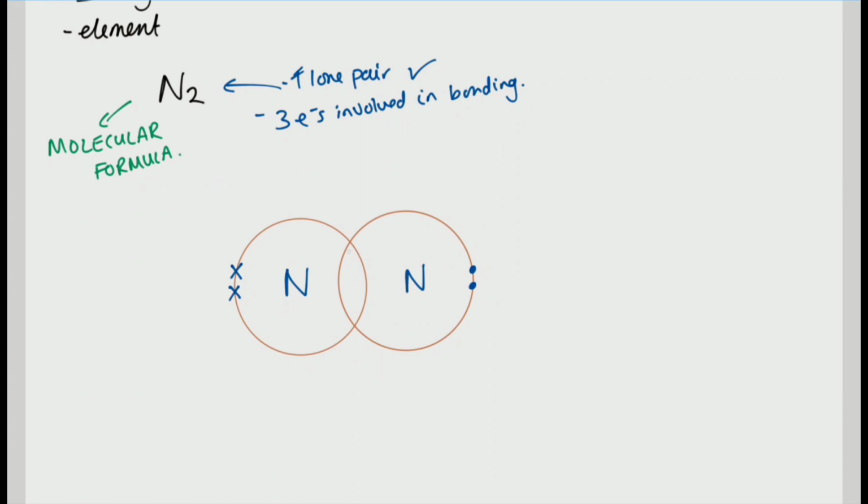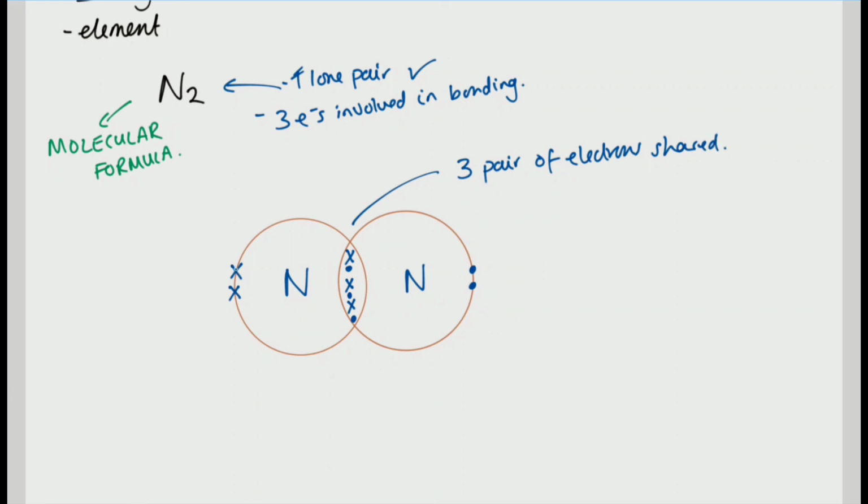The 3 single electrons are all in bonding. So we'll add the 3 electrons for the first nitrogen atom, 3 crosses, and the 3 dots for the second nitrogen atom. Now there are 3 pairs of electrons that are being shared between the 2 nitrogen atoms.